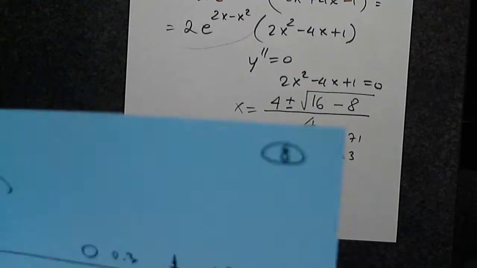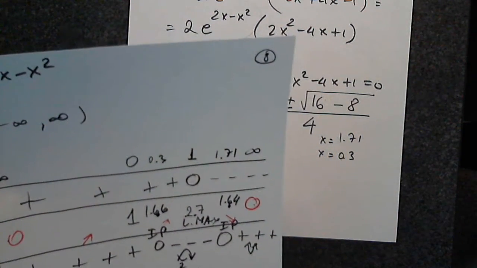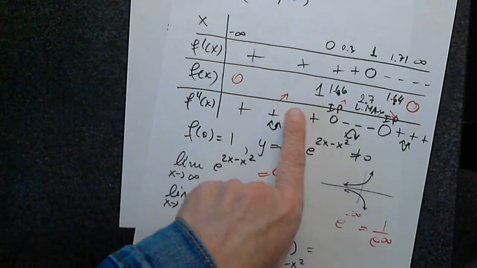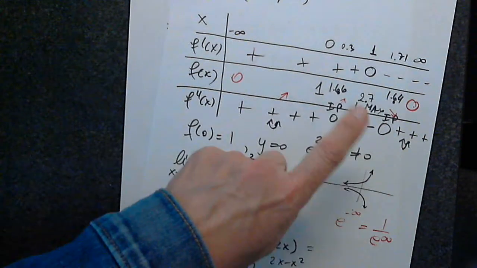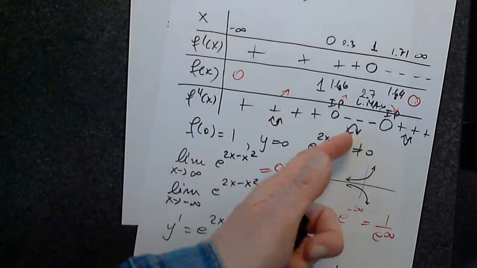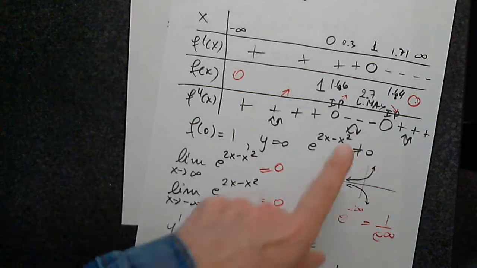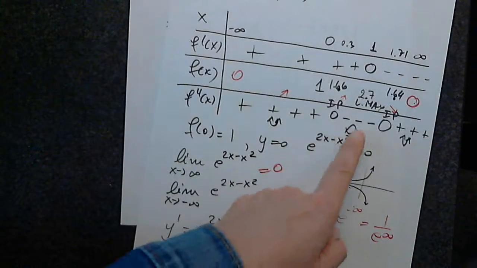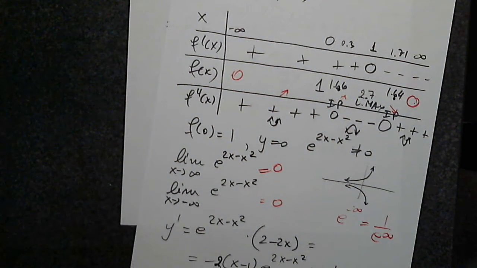So say again what an inflection point actually is. An inflection point is when the second derivative is 0 and it changes sign, or it's undefined where the function is defined and it changes sign. It changes concavity. So 0.3, 1.66 will be an inflection point because the second derivative changes sign.